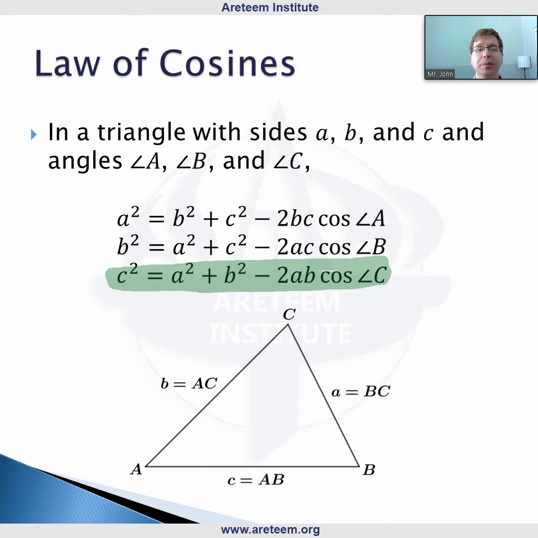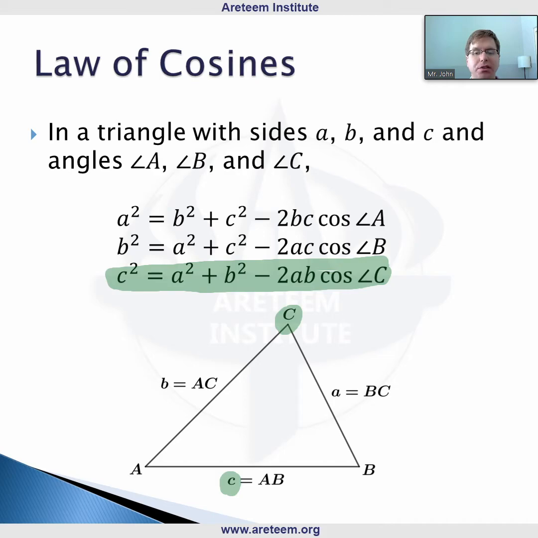And so this just becomes the Pythagorean theorem when you have a right triangle. But in this particular one, we have angle C over here and the opposite side c, and then it becomes an equation that's very similar to our Pythagorean theorem.